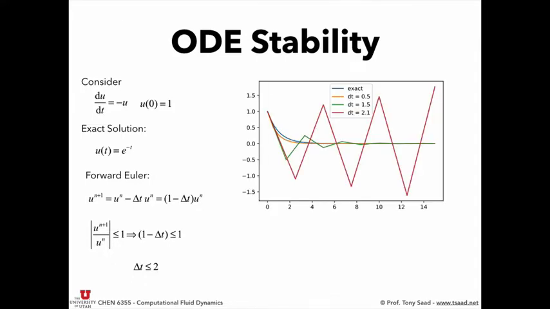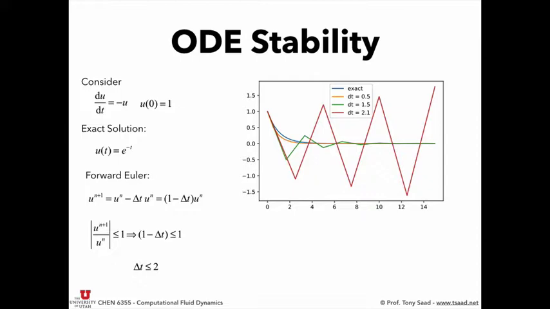So let's see what happens. What I'm showing here are 4 curves. Follow me first. The exact solution is shown in blue, that nice line. Then the orange line shows the solution with delta t equals 0.5. You see there's an error between the orange line and the blue line, but it follows the trend nicely.